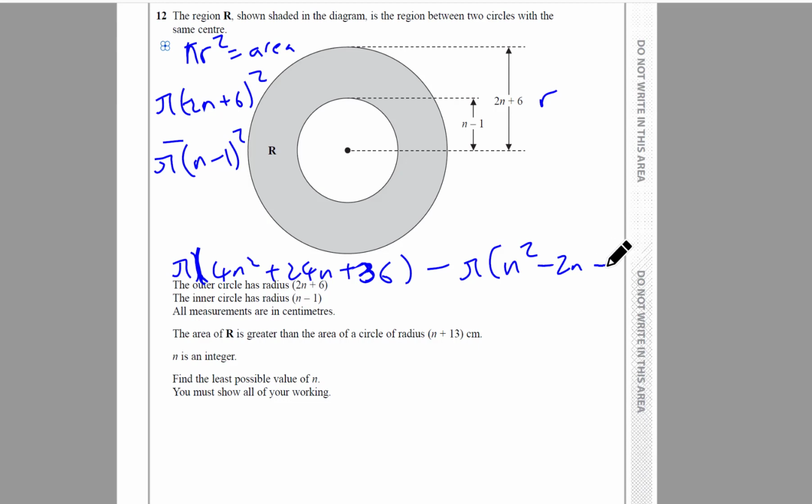Minus 1 times minus 1 is plus 1, but just do this carefully yourself. You could expand all this out and simplify it.